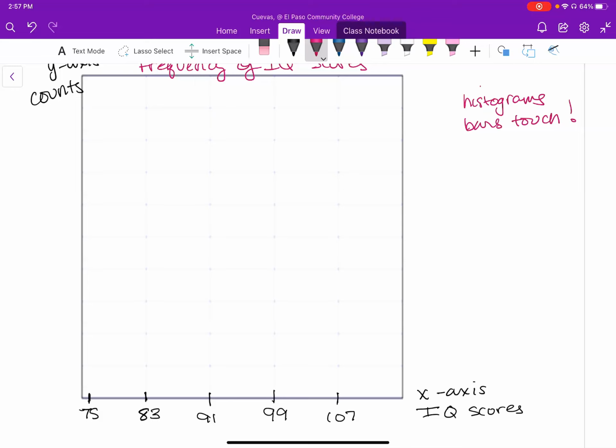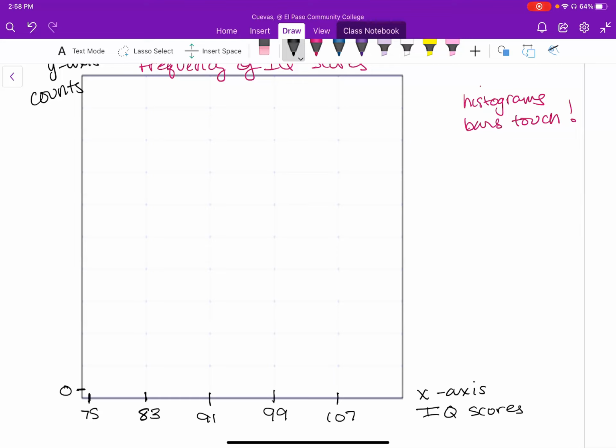Let's go ahead and label our y-axis. We need to have a scale as well. I'm going to start off a little bit away from the bottommost line, and we're going to start with 0. Notice that I didn't start here, and that's because my scale would be a little bit off, especially because I have 75 on the x-axis. So I'm not going to start there, otherwise they wouldn't match.